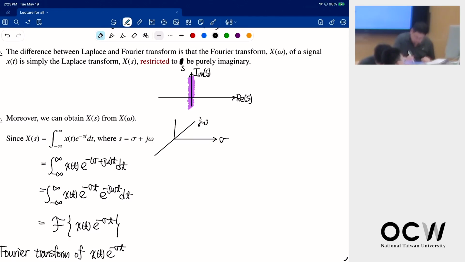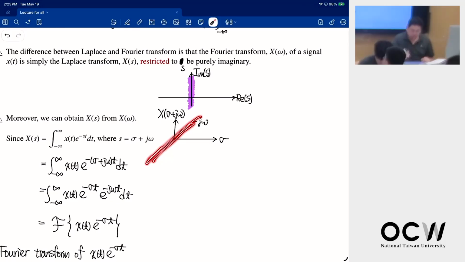Sigma plus j omega. In the past, in the Fourier transform, we just talked about this j omega, but now we can extend it to here. We may have a waveform here.